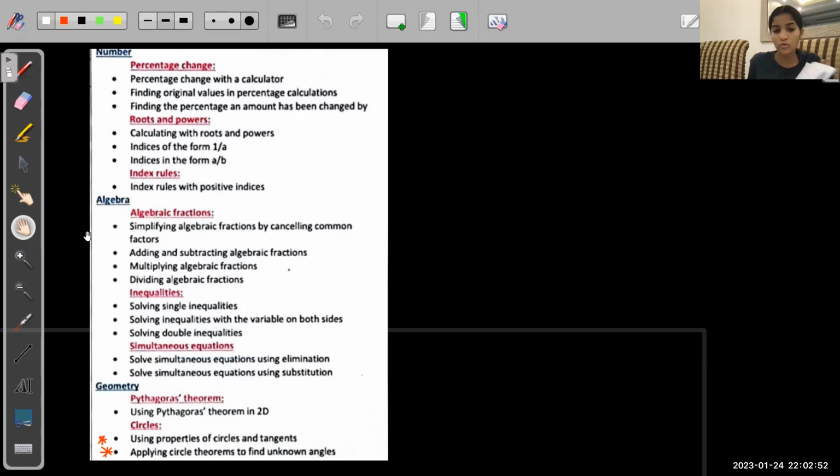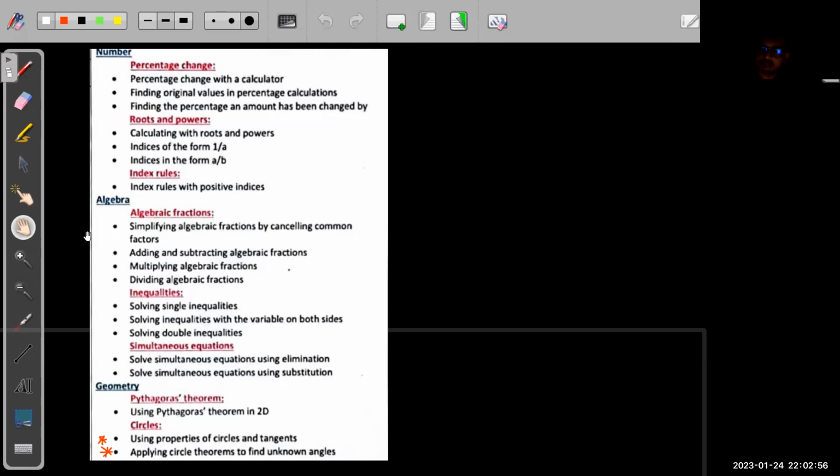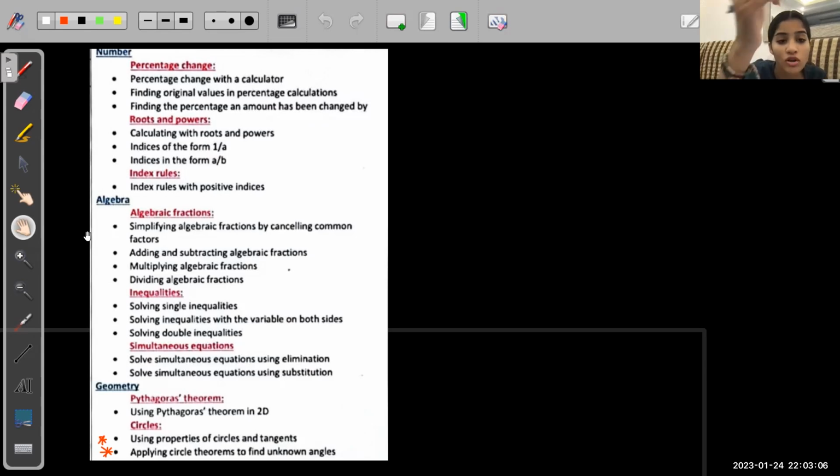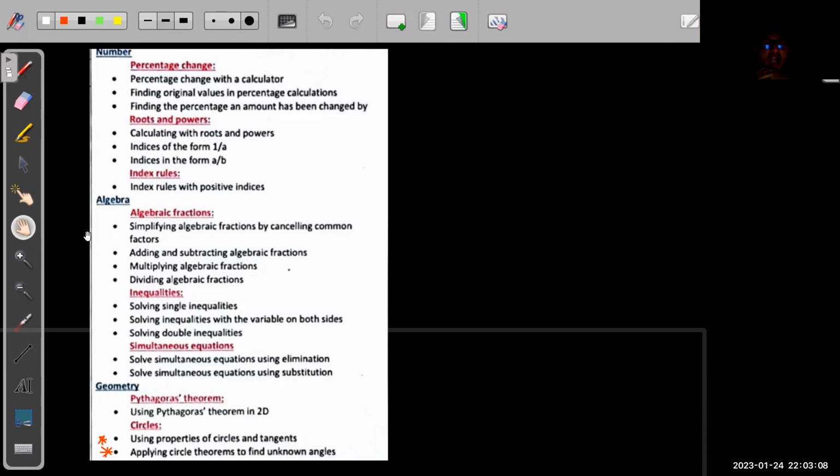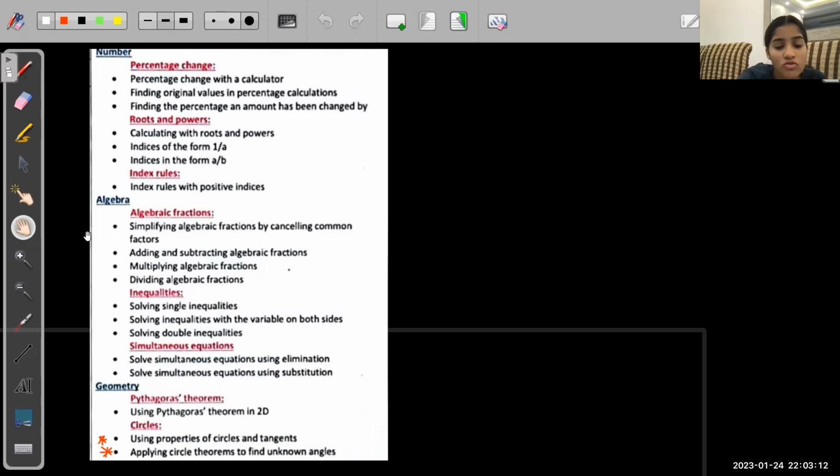I don't know if it's percentage change. Do you have a question you found difficult? Percentage change I can go by fast. Index rules, positive indices. Can we do those, because algebraic fractions I'm not sure about.